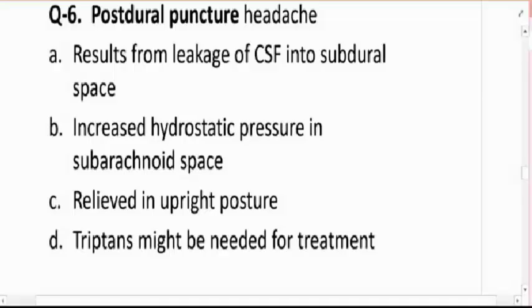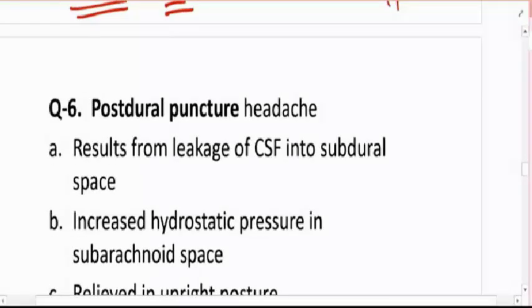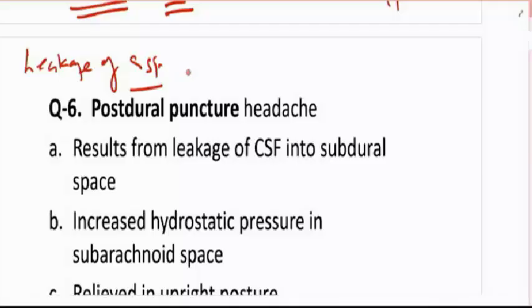Now, post-dural puncture headache occurs due to leakage of CSF from the dural puncture site. Whenever you give spinal anesthesia and the spinal needle comes out, it will leave a small hole, and through that hole there will be leakage of CSF.